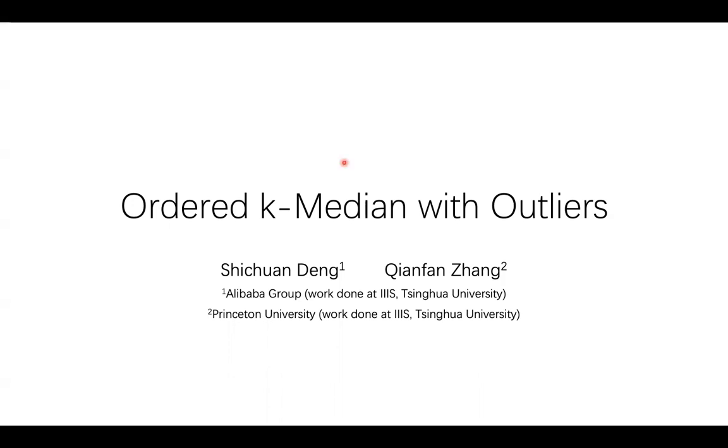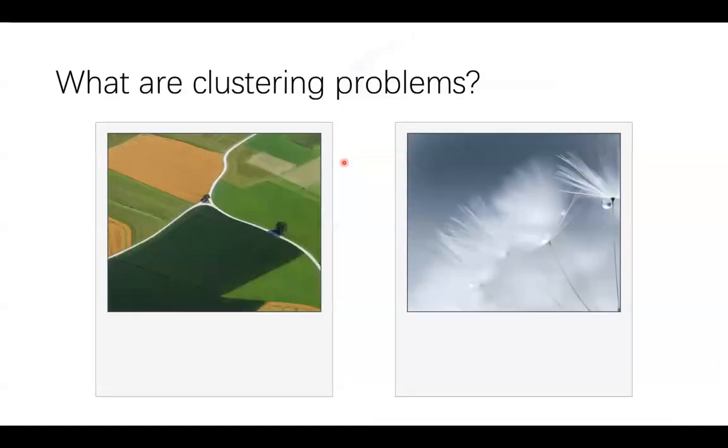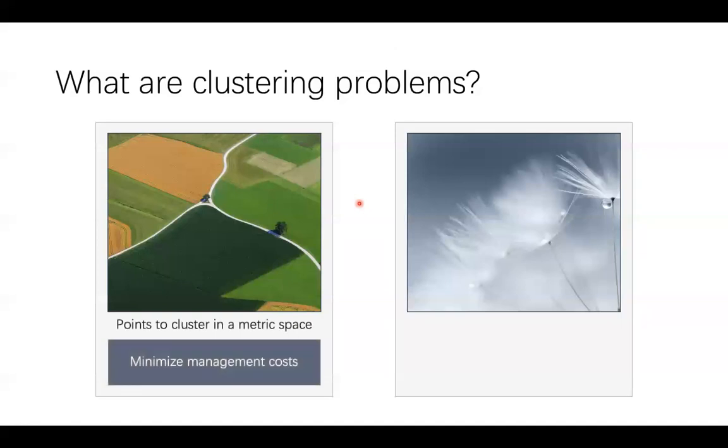So first, let's have some background before we discuss the definitions and the algorithms of this problem. So what are clustering problems? There are usually two perspectives in understanding these problems. The first is called the non-centroid based clustering problems.